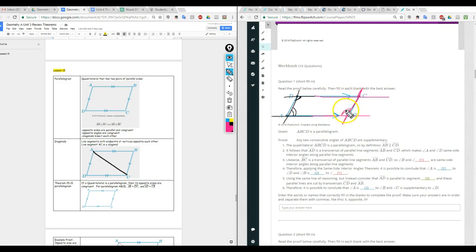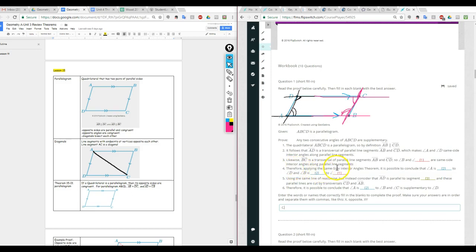I would say angle B, same side. That means it has to be on the left-hand side of our transversal, and it has to be inside, so they're talking about angle C. So capital C is for our first blank.